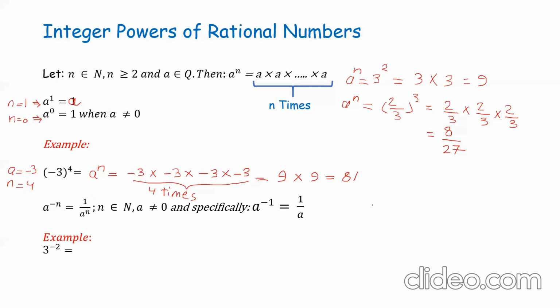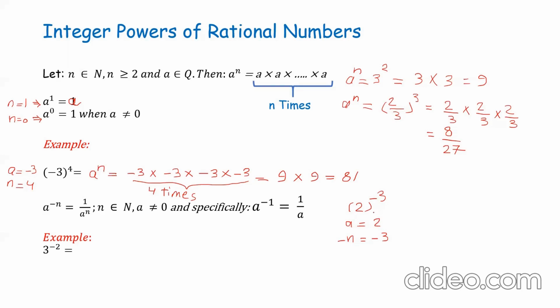Okay, so for example, if we have 2 to the power of minus 3, in this case, a equals 2 and minus n equals minus 3, or in other words, n equals 3.